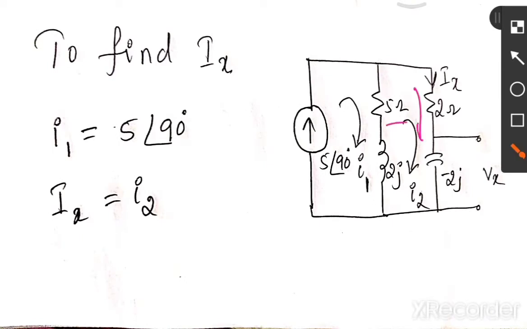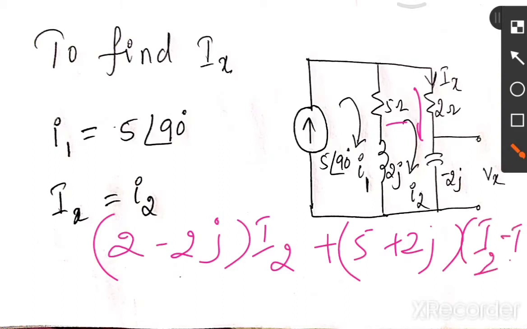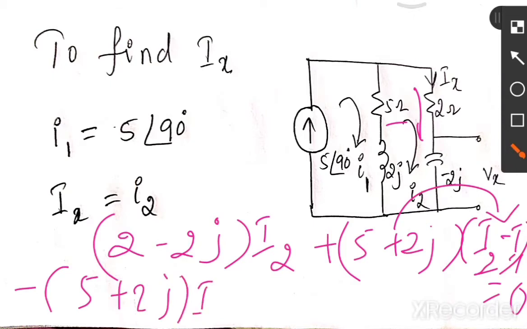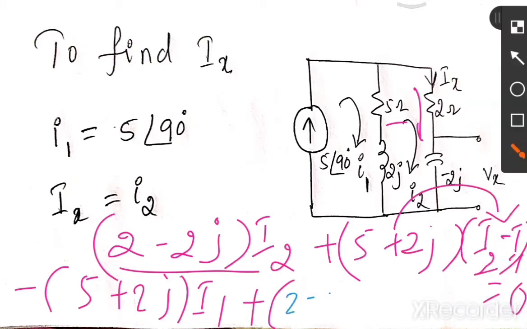Directly I mean to say 2 minus 2j times I2, plus here 5 plus 2j times I2 minus I1, equal to 0. Simplify this term. I1 we can place first, that is minus 5 plus 2j I1, plus 2 minus 2j plus 5 plus 2j I2 equal to 0.